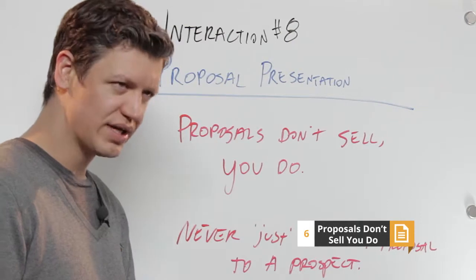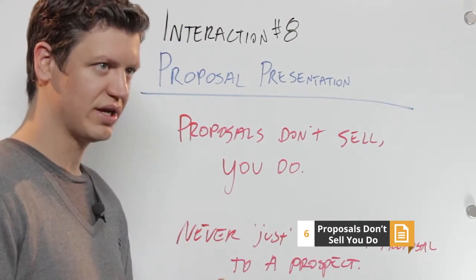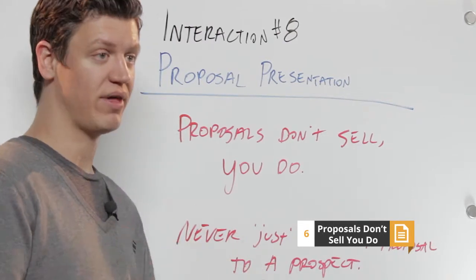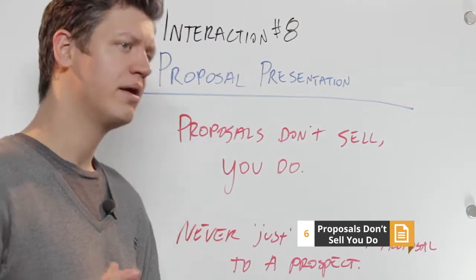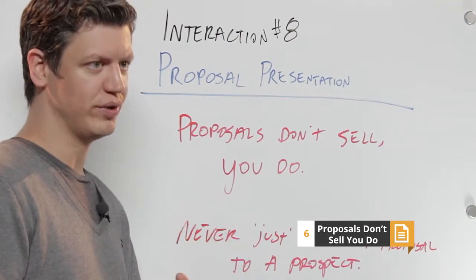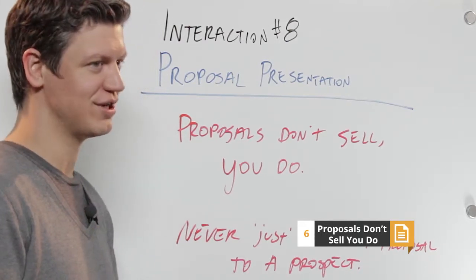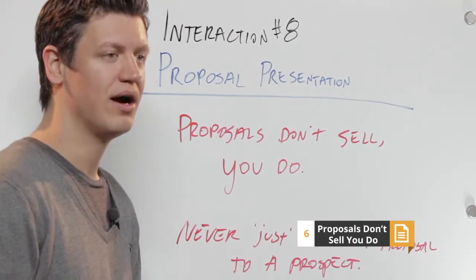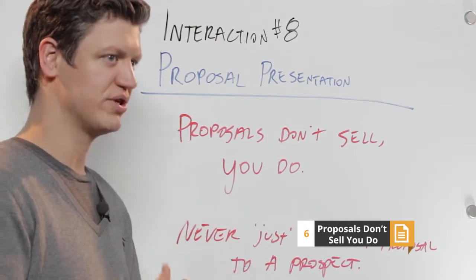So if you do decide to include something that you haven't previously spoken about, make sure as you're presenting that you inform them that you haven't discussed this. And I would typically try to stay away from that, but it does happen from time to time. But what you don't want to do is put stuff in the proposal and then not talk about it even in your presentation and just try to slip it by them. You want to make sure that everything has been discussed prior to actually presenting that proposal.